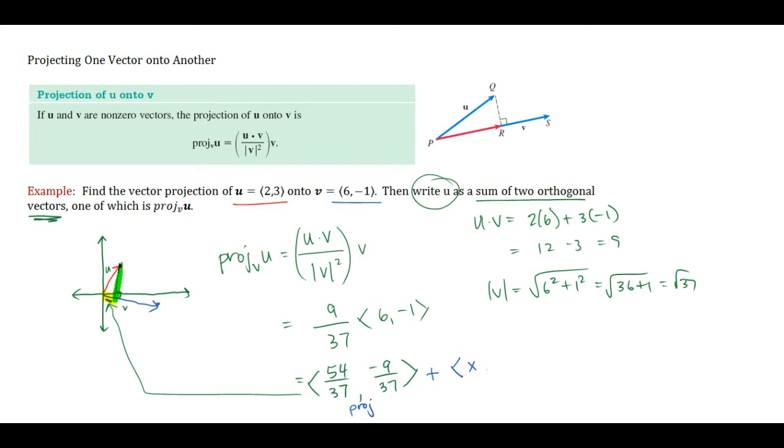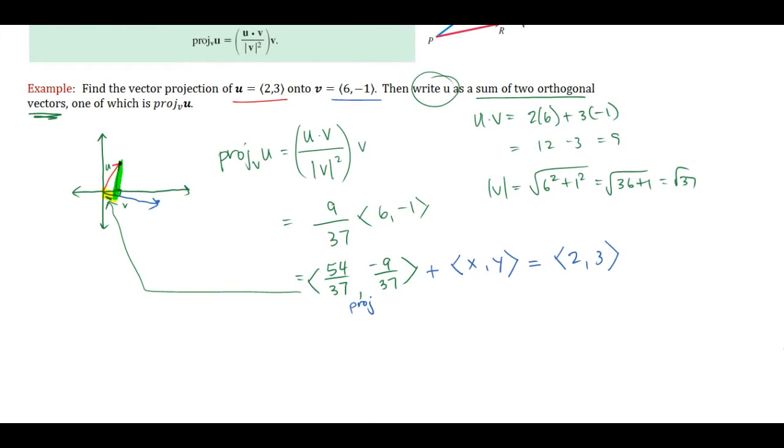I'll just call it (x, y) because I can't think of anything else. And added together, they should equal u, which is (2, 3). So now I can figure out what x and y are just by doing a little simple arithmetic, right? That other vector, (x, y), would be vector (2, 3) minus this gross one that I have, and I will now have my answer.